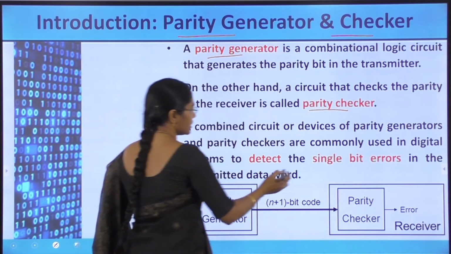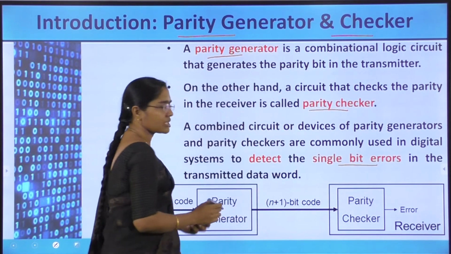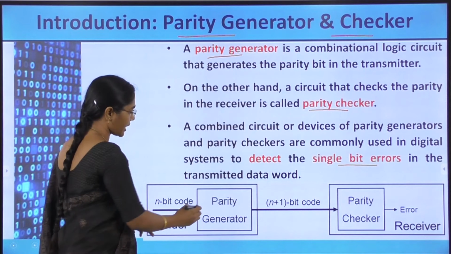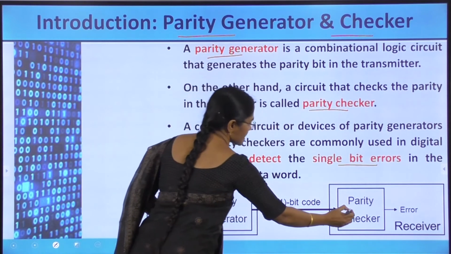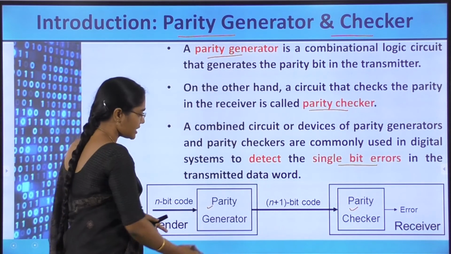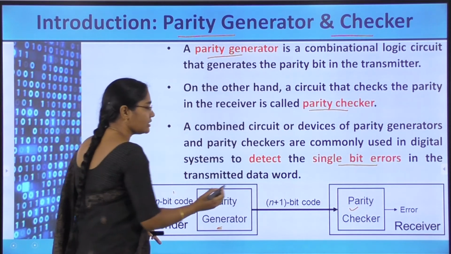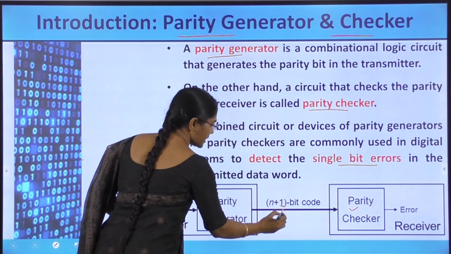Okay, error detection of single bit errors it will be used. That is, the total system consists of a parity generator and a parity checker. And what is the parity generator doing? Taking the n bit code and adding one more bit as a parity to that.